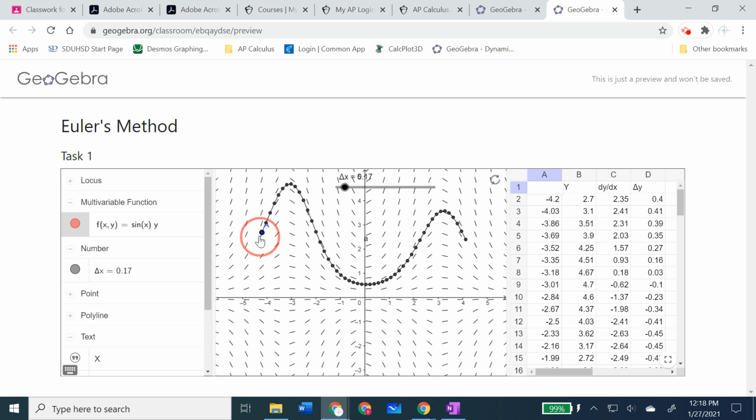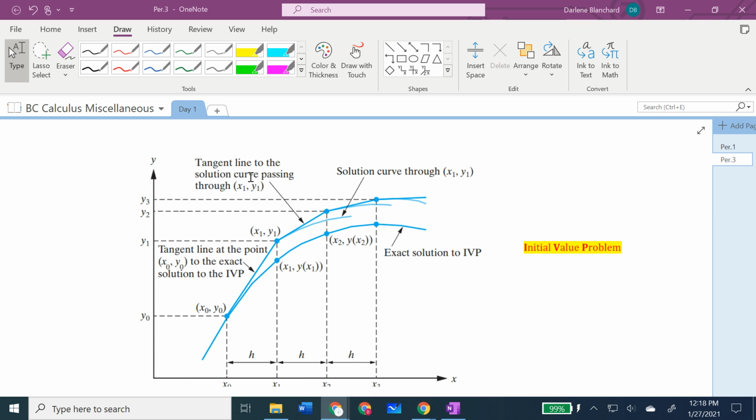But the use of Euler's method is very valuable as an application. What you're learning in this math class is how and why Euler's method works and what it's doing. And in order for you to show that you know what it's doing, you have to mostly answer problems without a calculator.